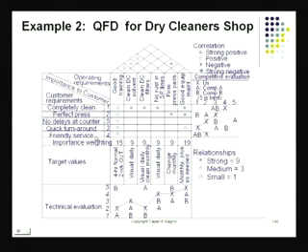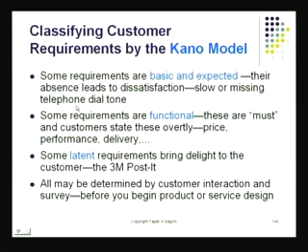Friendly service might delight me. No delays at the counter, not such a big deal, but perfect press, I must have it. Quick turnaround: if it is delayed, then I'm not satisfied and so on. So I could reclassify these things not in terms of priorities, but in the Kano language of delighters, basic requirements, and dissatisfiers, functional requirements and so on.